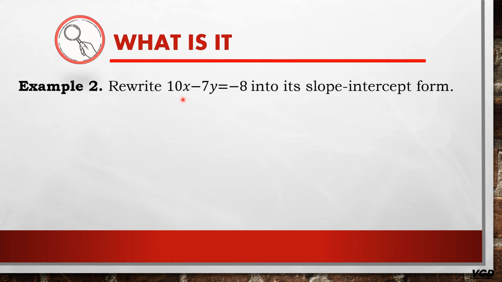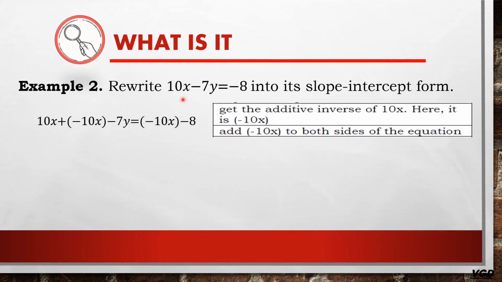So, we need to get the additive inverse of 10x. And the additive inverse of 10x is negative 10x. And we have to add both sides of the equation by the additive inverse, which is negative 10x, kay para ma-cancel out na to si 10x dere sa left side ug mabalhin siya dere sa pikas ug para mahibilin sa left side si y na lang.